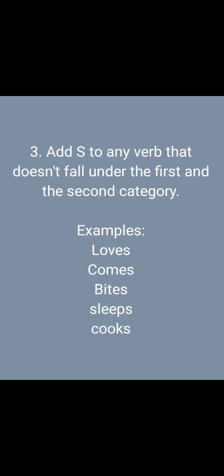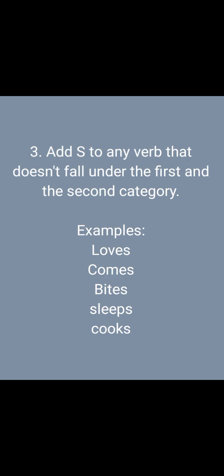What it's saying is, if the verb does not end with o, sh, ch, s, z, x, or y, then add s to the rest. If it ends with o, you know what to do now. You add es. If it ends with sh, ch, x, s, or z, you add es.